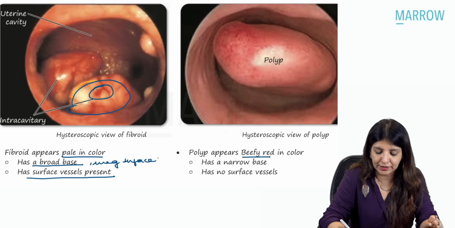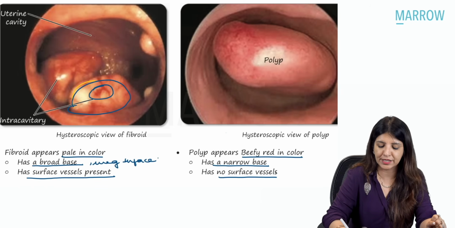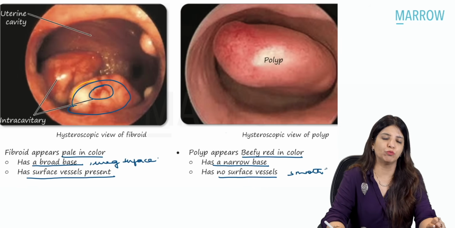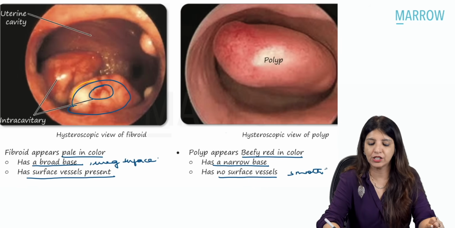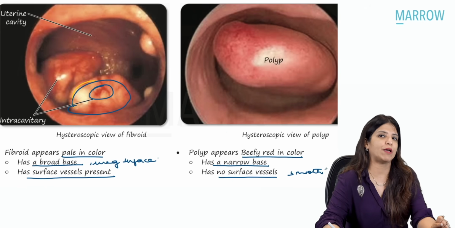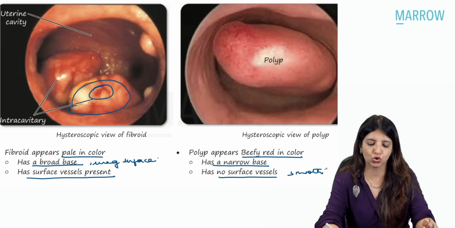If you are seeing a growth which is beefy red in color, arising from a narrow base, has no surface blood vessels and is very, very smooth, that means you are looking at a polyp. So you should know how to differentiate between polyp and fibroid, not only on gross appearance but also on hysteroscopic appearance.